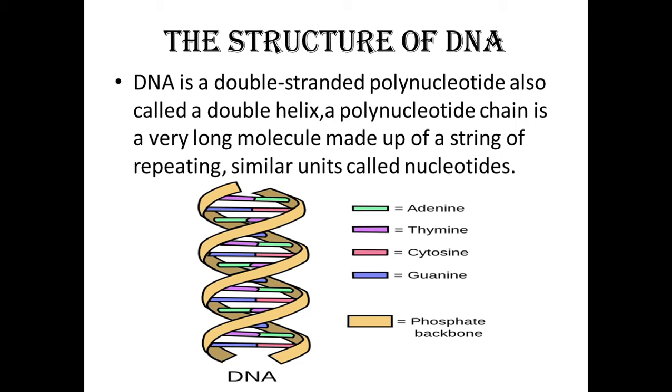Now let's look at the structure of DNA itself. It's a double-stranded polynucleotide, also called a double helix. A polynucleotide chain is a very long molecule made up of a string of repeating and similar units called nucleotides.